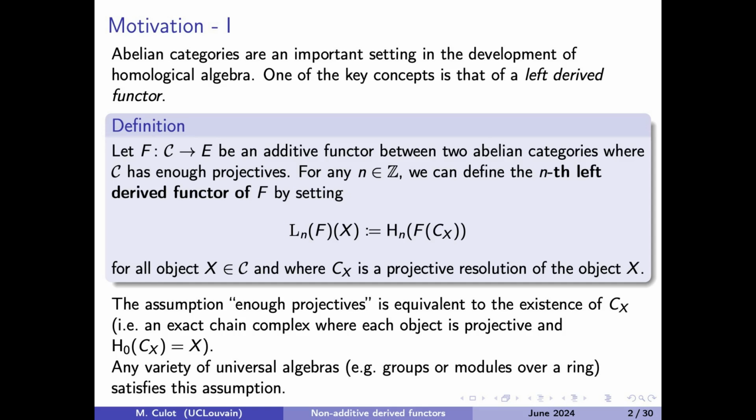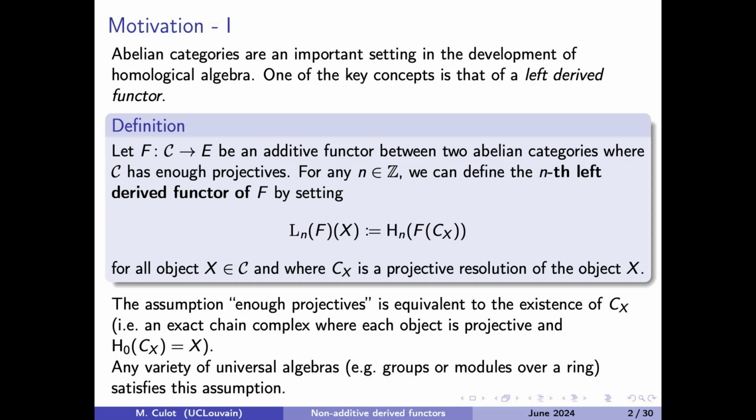Then for the integer n, we can define the so-called nth left derived functor of F. It's defined with this formula: we start with X in C, apply F to the projective resolution of X, and then we compute the nth homology.